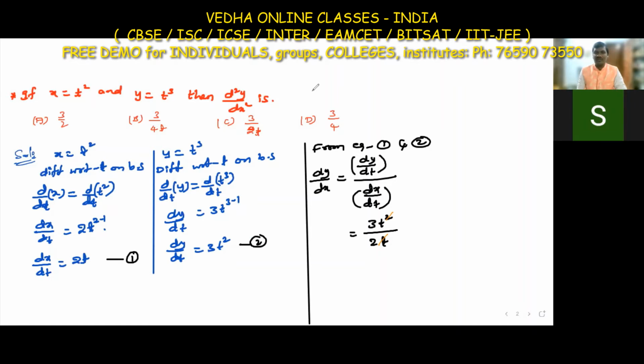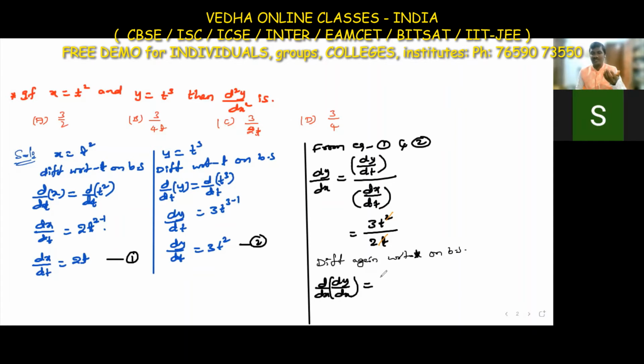Now what he is asking is to find the derivative again, so differentiating again with respect to x on both the sides. d by dx of dy by dx, this dy by dx only we are differentiating again.